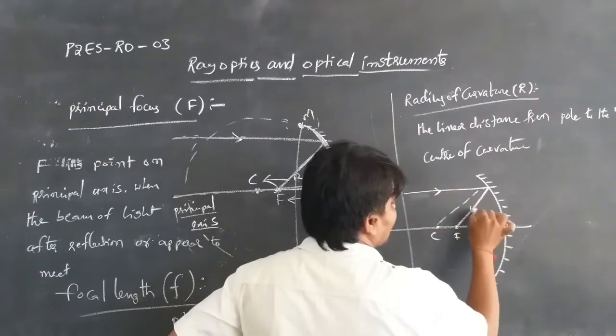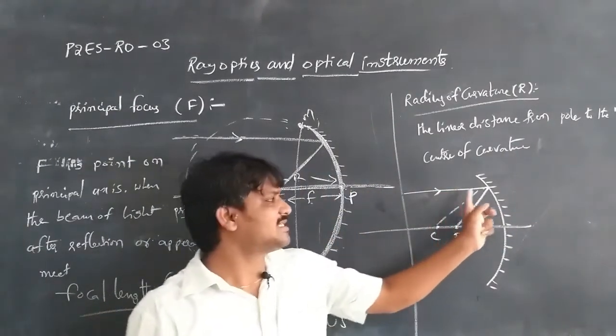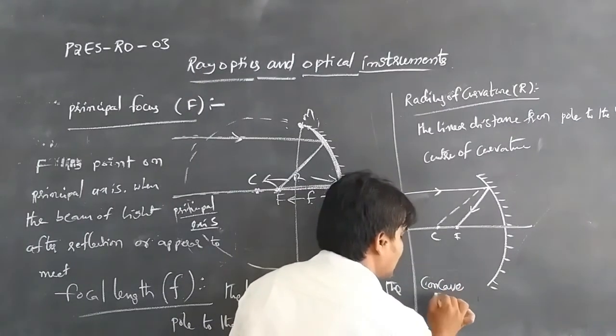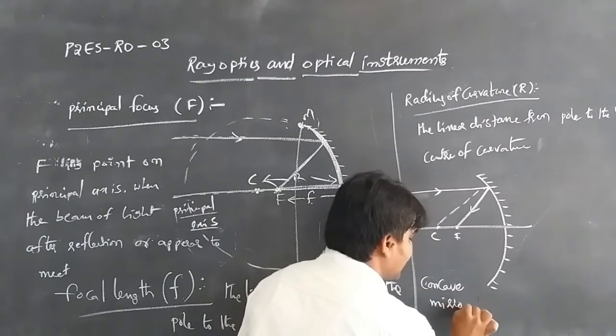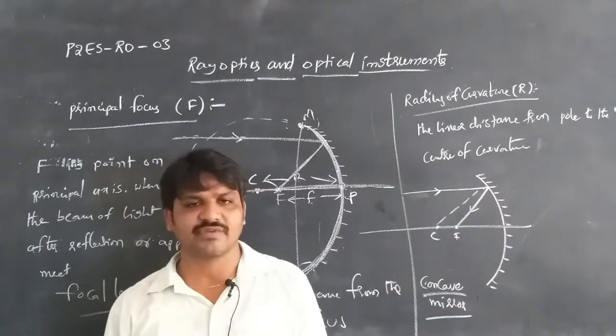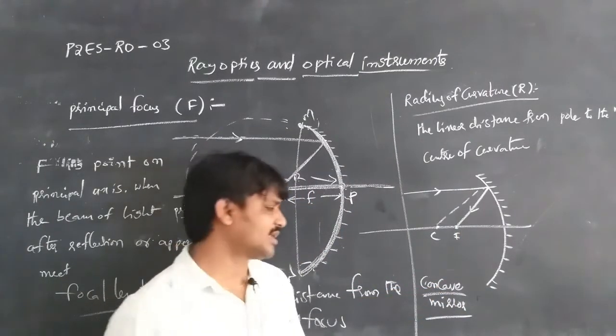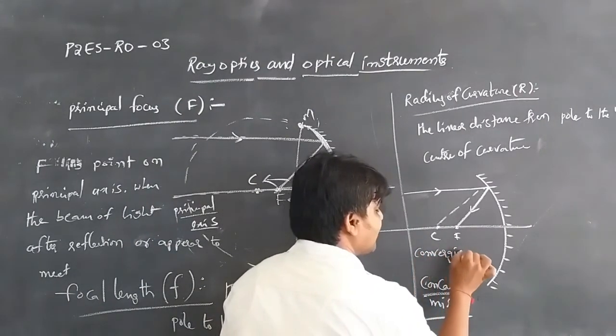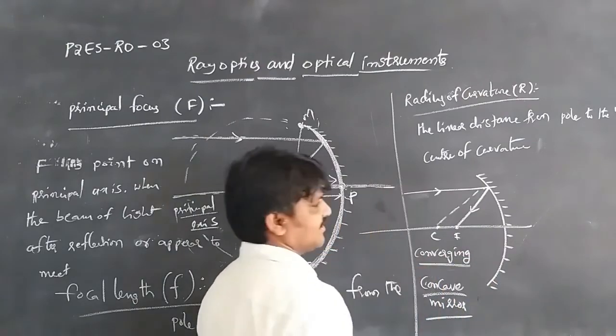Whenever a beam of light is incident on the concave mirror, the light will be converged. So we can say that a concave mirror is converging.